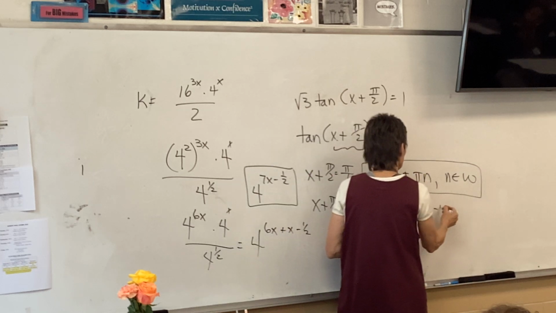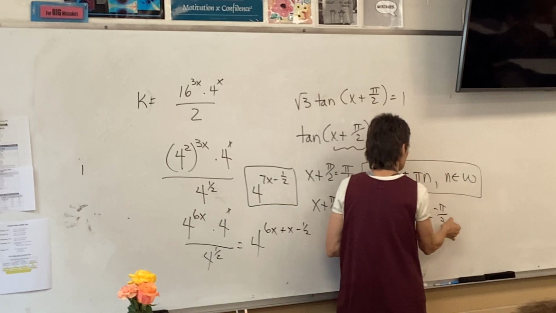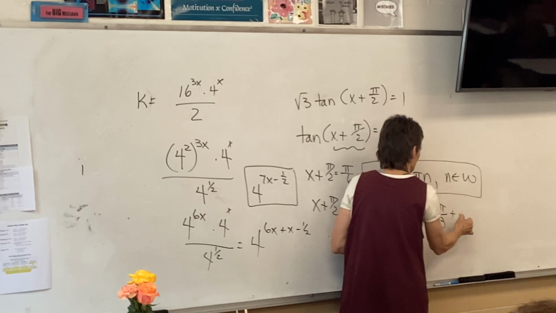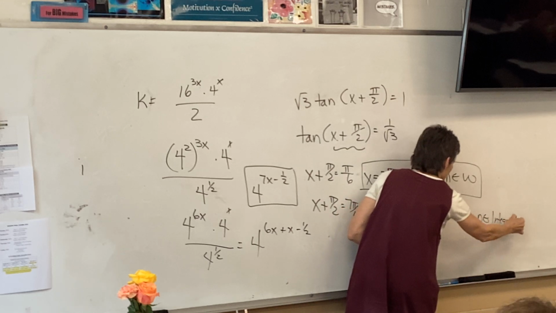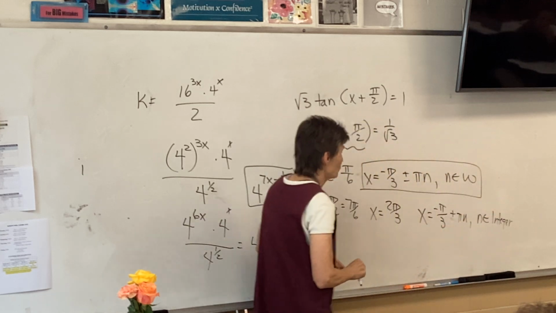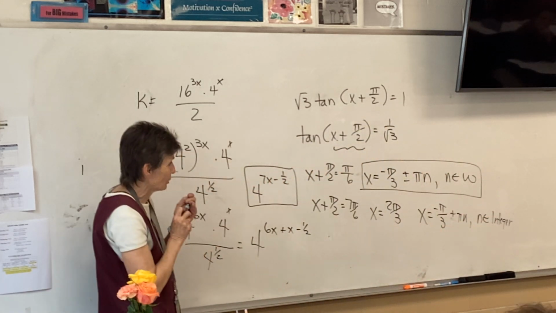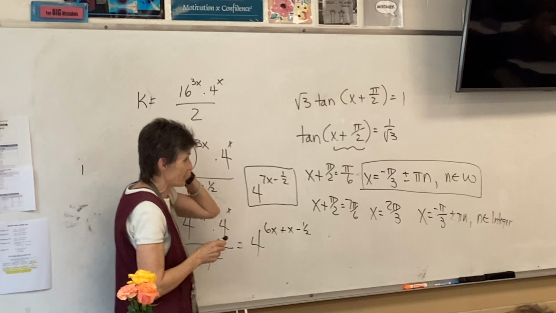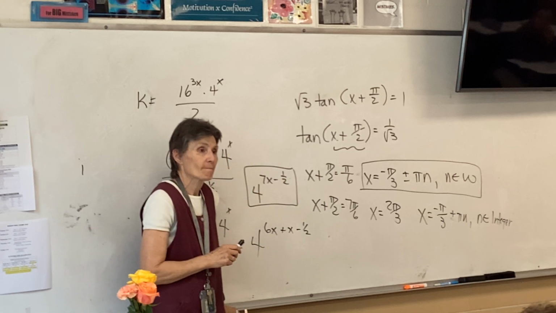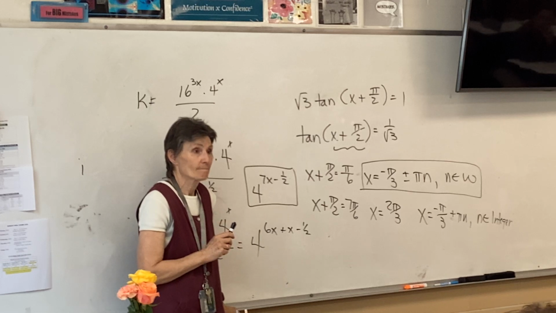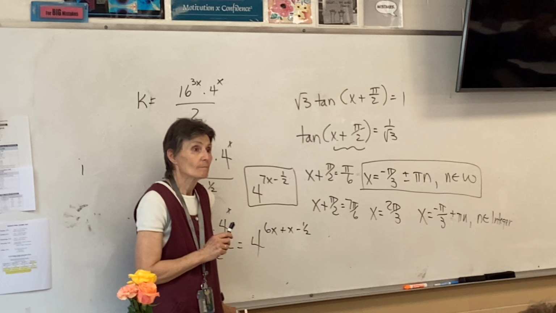Or, remember, you can do this. If you like that way better, that's okay. If you're letting n be an integer, then you don't need the plus or minus. You can just do the plus. Could you do negative pi over 3 and 2 pi over 3 if you use plus or minus 2 pi m?